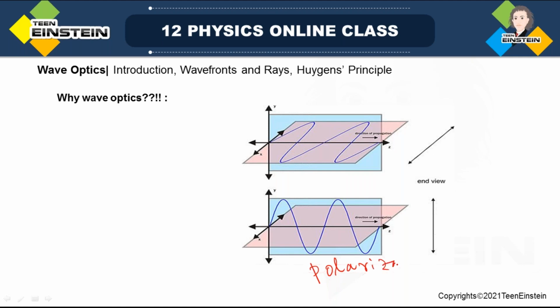these phenomena. So polarization of light, so diffraction, interference, and polarization of light. Okay, so I'll just name here. So interference, let me give the first name, interference.